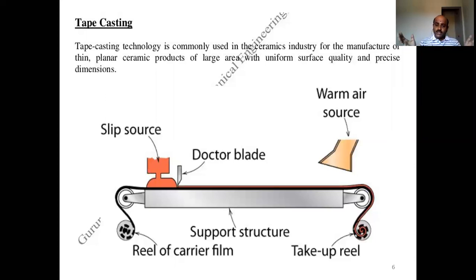You need a very large area with uniform surface quality and a precise dimension. In such cases, tape casting is used in ceramic industries.